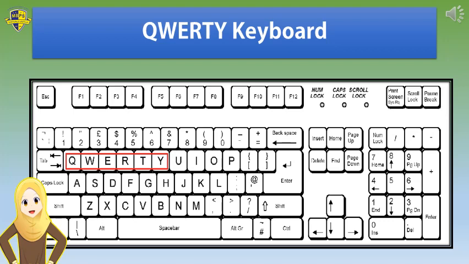Now in this slide, we have the QWERTY keyboard. Why is the keyboard known as QWERTY? It's because, if you can see, I have highlighted in red color, the alphabets start with Q, W, E, R, T, Y. So that's why it is known as the QWERTY keyboard.